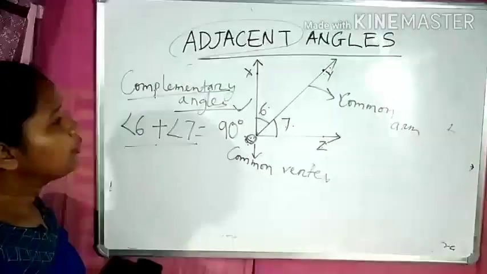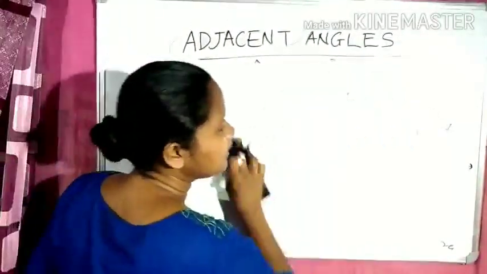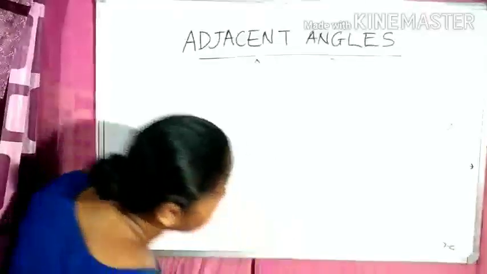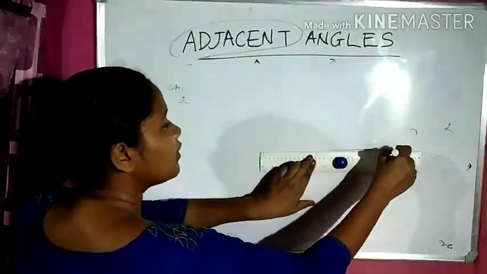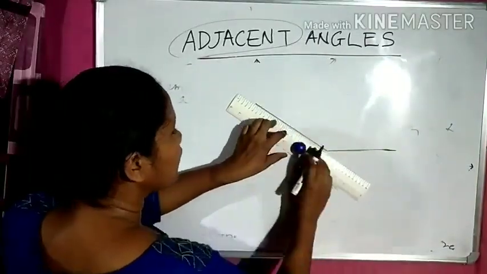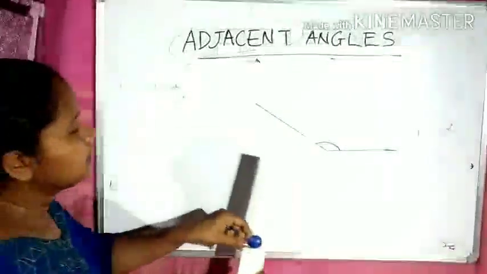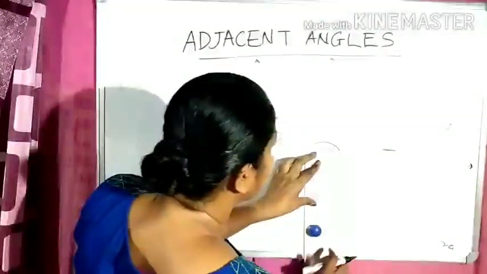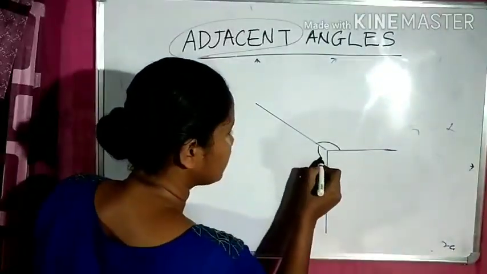Next, can two obtuse angles be adjacent angles? First we'll draw one obtuse angle. This is one obtuse angle. Then this is the second obtuse angle.